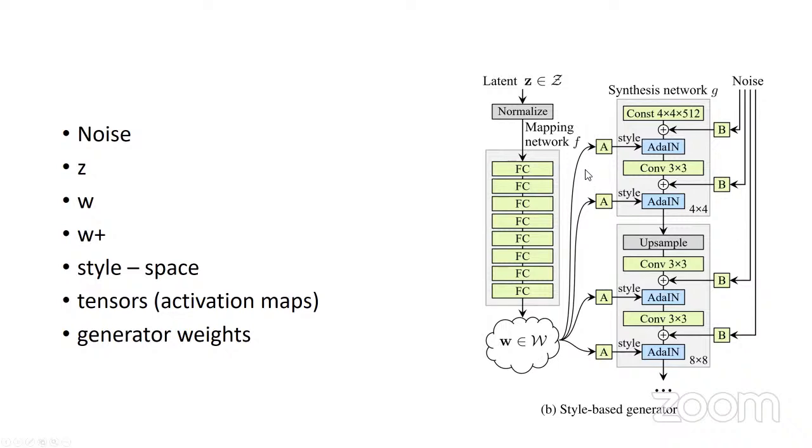That's what's called W plus. Then this W code goes through an affine layer, this A box here, before it is used to modulate. If we do not use the W code before it goes into the affine layer, but use the codes that come out after this affine layer, these are more or less the scaling factors of the individual activation maps. This is called the style space.